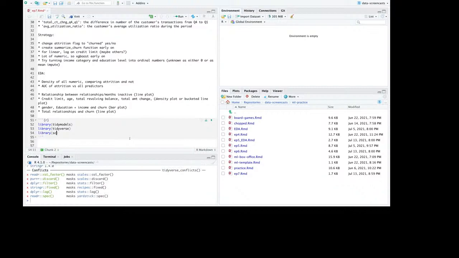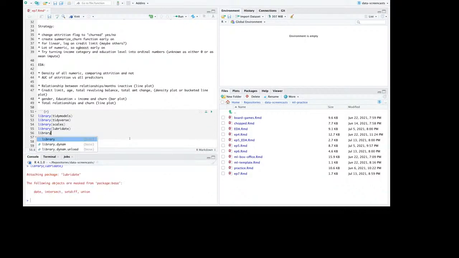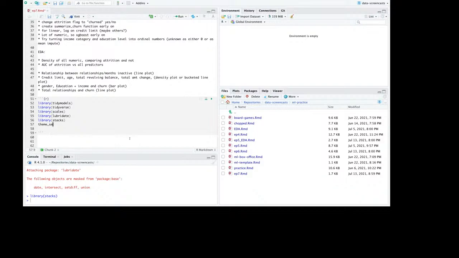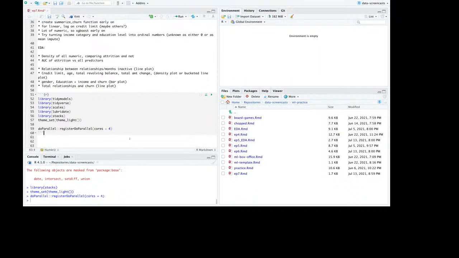Tidyverse, library scales. What else do I use? No text in this one. I'm not really going to use broom. I'm going to use stacks, I might use that, and then theme set, theme light. And I always do registerDoParallel, cores equals 4.